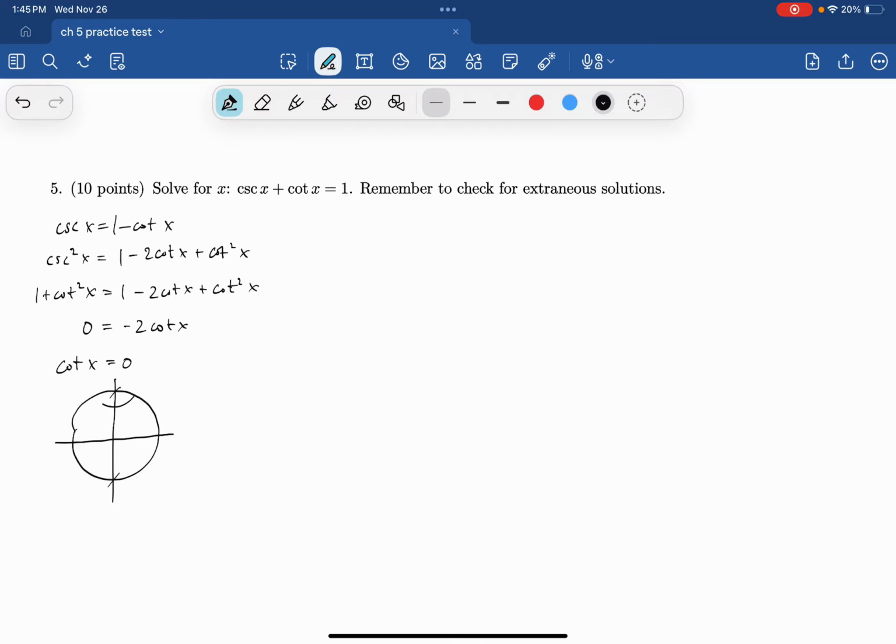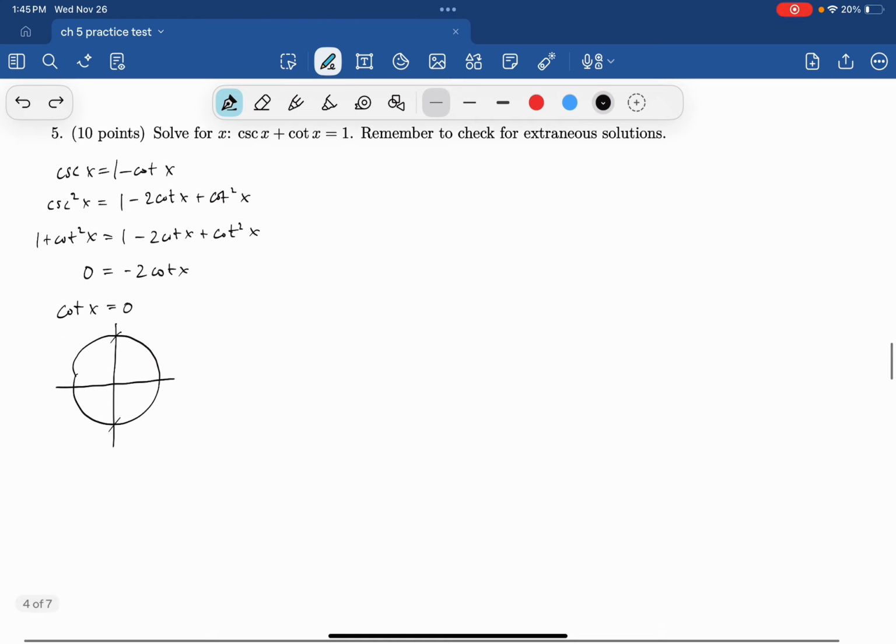The reason is because this point and this point give you different values of cosecant. They give you the same value of cotangent, but different values of cosecant. And so actually, when you plug them back in, which you have to because you need to check for extraneous solutions because we squared both sides, they're going to give you different values. And so both of them need to be included in your answer, even at this stage.